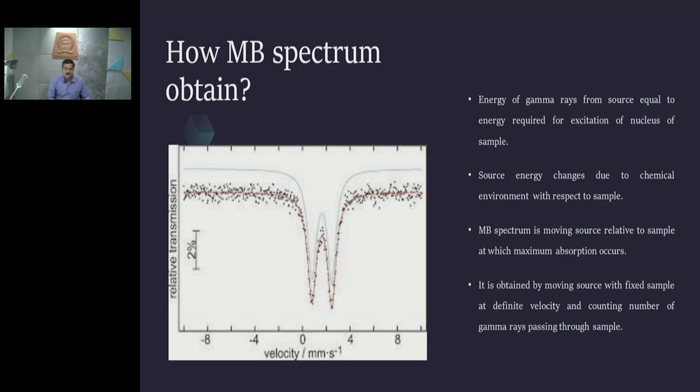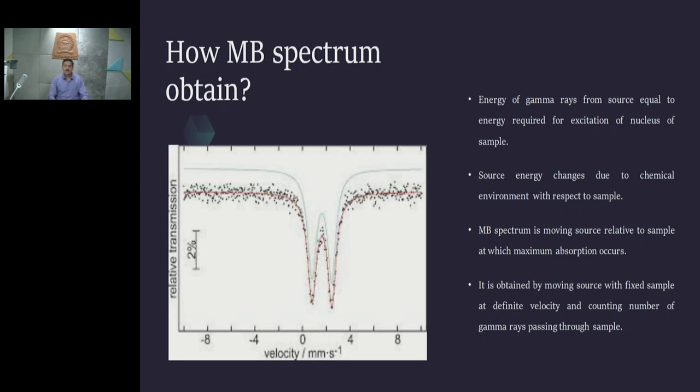So how do we get the MB spectrum? The energy of gamma rays from the source is equal to the excitation energy of the nucleus of the sample. The source energy changes due to chemical environment with respect to the sample. Also, when we move the source relative to the sample, we see absorption, and that absorption leads to the spectrum.